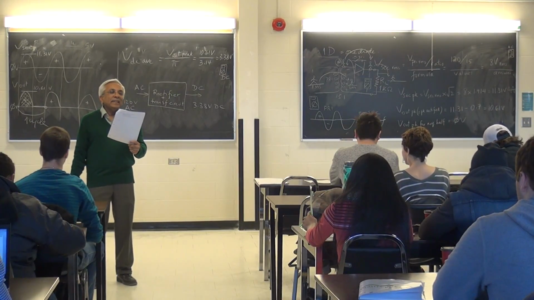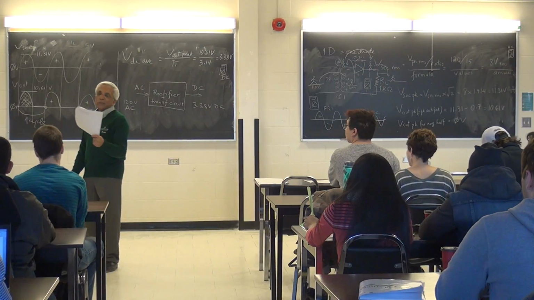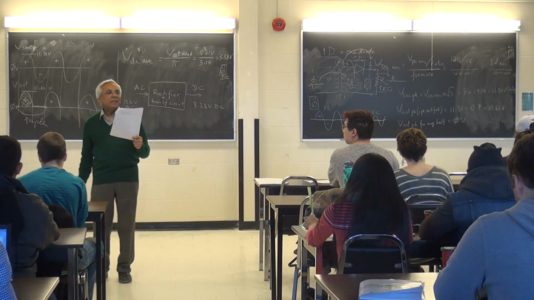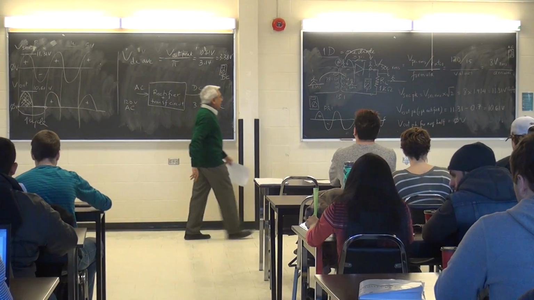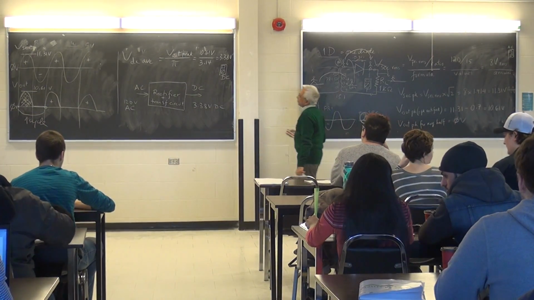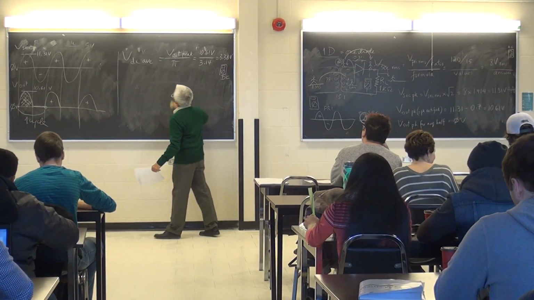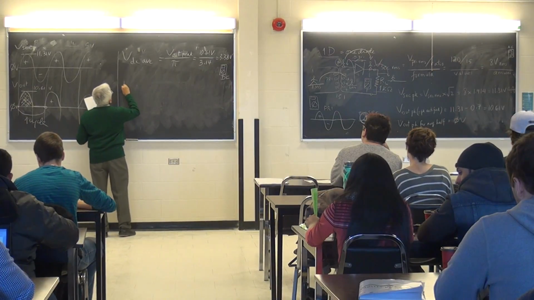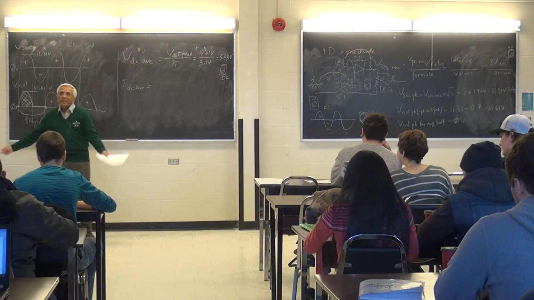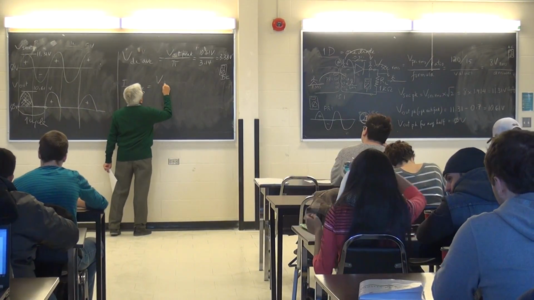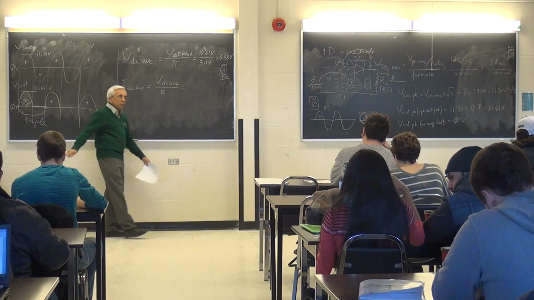Let's do the other 3 calculations, or at least do a couple of calculations, and then we'll stop. IDC average. What's the formula for I? V over R. That's my formula.